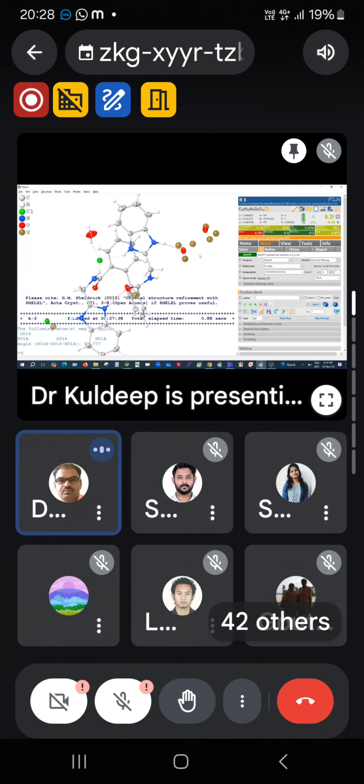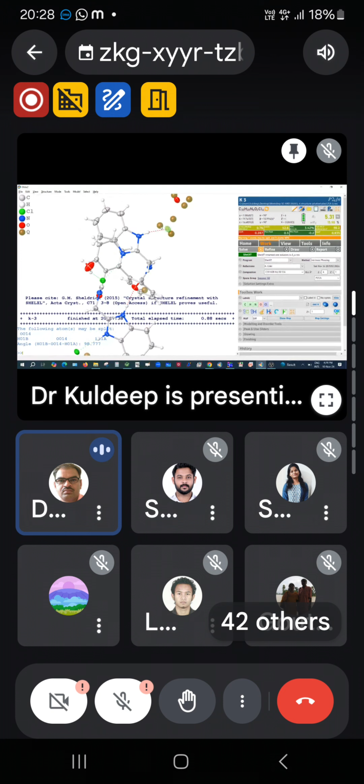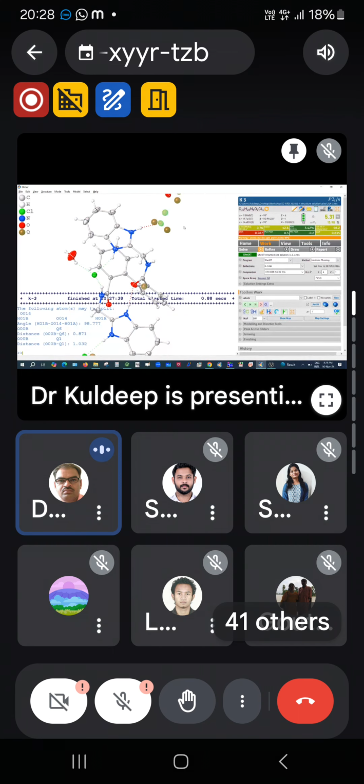Now you can see around this oxygen, there are 3 electron density maxima, but only two are reasonable. If you select this one and type cell, this distance is 0.87. The distance is looking reasonable, and this distance is 1.032, a little longer, may be possible, and this distance is 1.005.